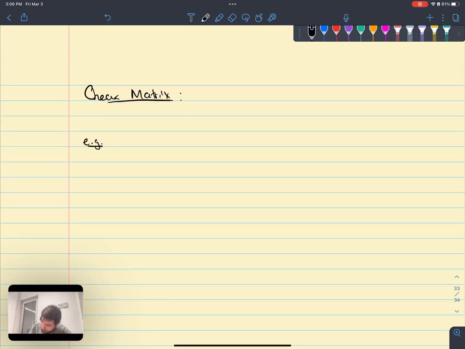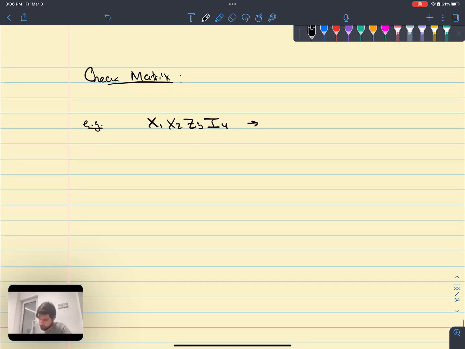I can look at the operator x1, x2, z3, I4, which usually I don't write that, but basically all I have to think about is whether on each tensor factor there appears an x or a z, or if it's a y, then both of them appear, because if you have a y, you can write that as x times z or z times x. So I can map this to a bit string telling me whether an x is present, a z is present, or both are present.